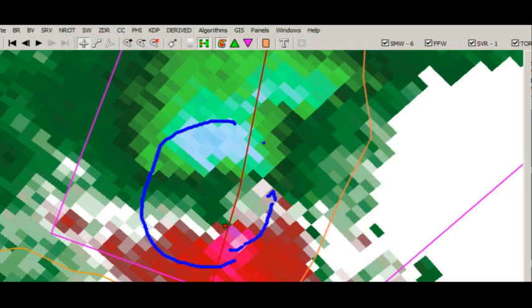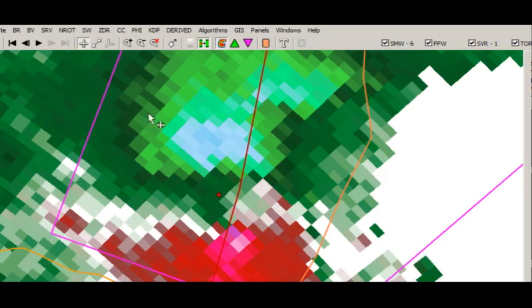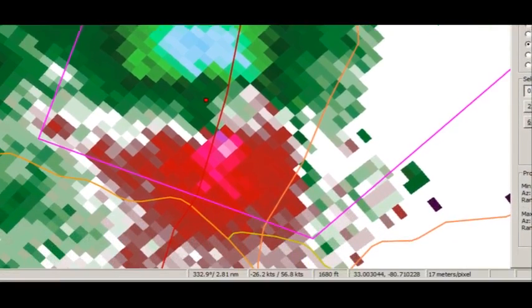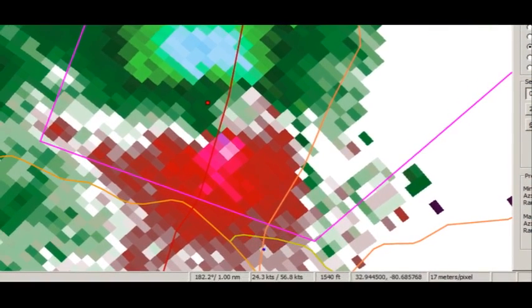So this is what the mesocyclone looks like, kind of rotating like that. And then the center of it located right there where I set that dot. Let me bring this up here so you can see the scale at the bottom here.